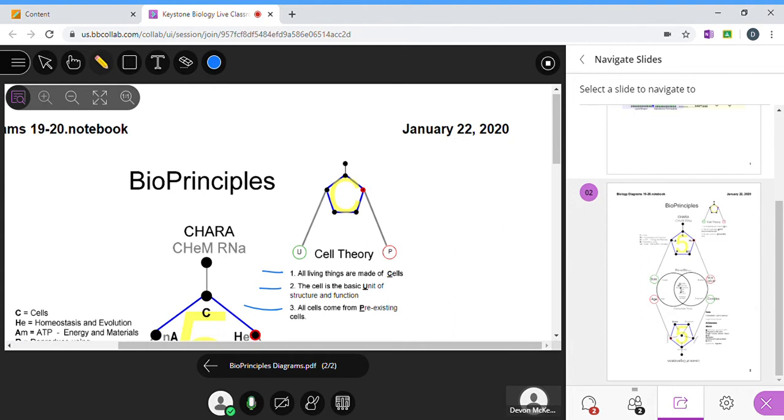The cell is the smallest unit that can do all of these things. That's what the word basic means, basically, basic means smallest. The cell is the smallest unit that can be alive and do things that living things do. That's what number two really means, it's the smallest.